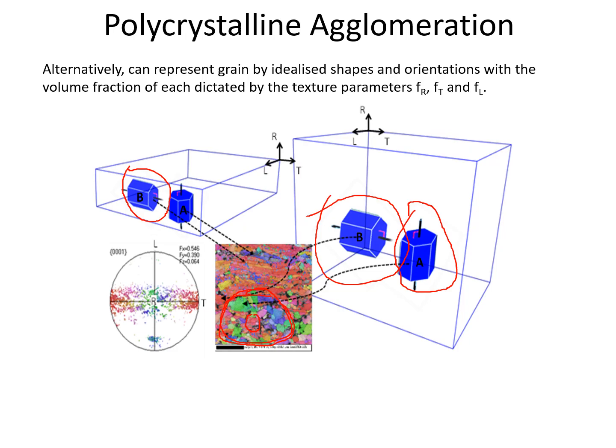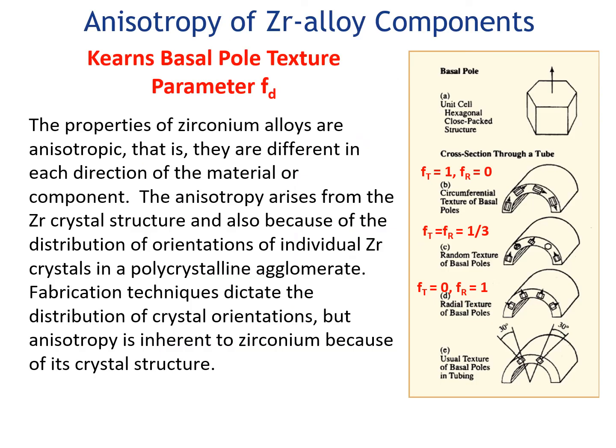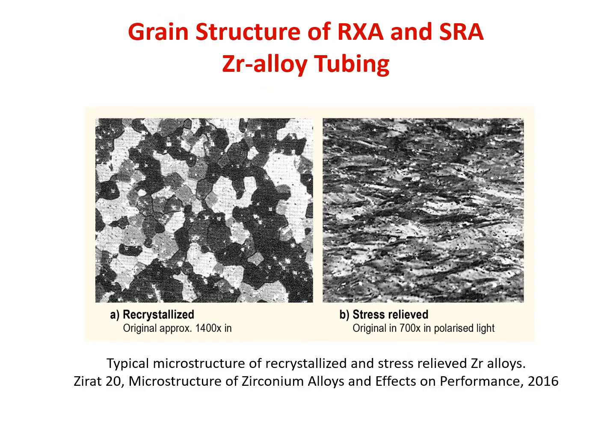Enough of that. We're going to be talking about texture later on. This just gives you an idea of what to expect in terms of texture for zircaloy components. You can have a range of textures depending on how the material was manufactured. Things that tend to distort the material and change the texture also distort the grain structure, so we have to be aware of the grain shape and size.